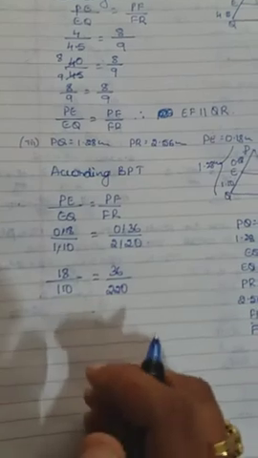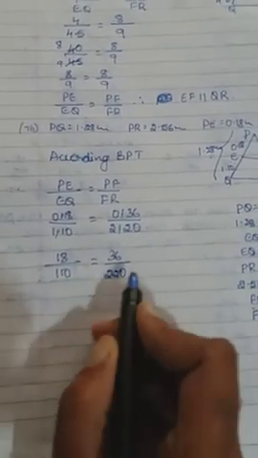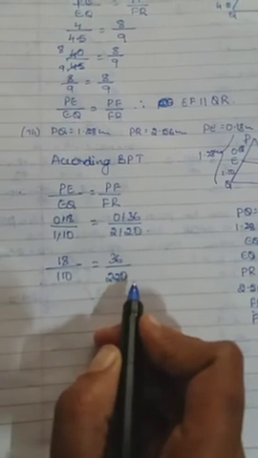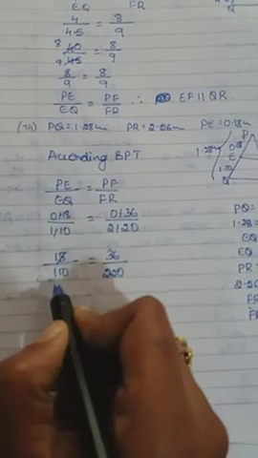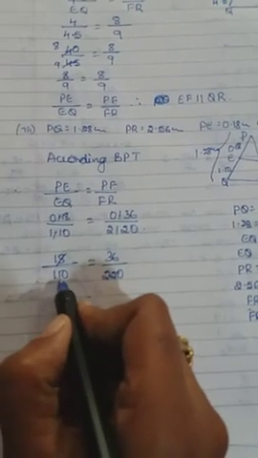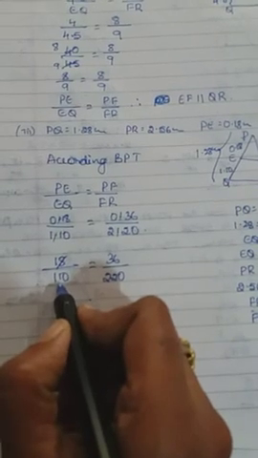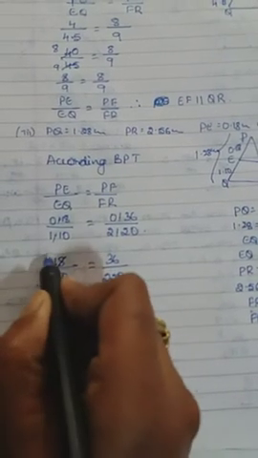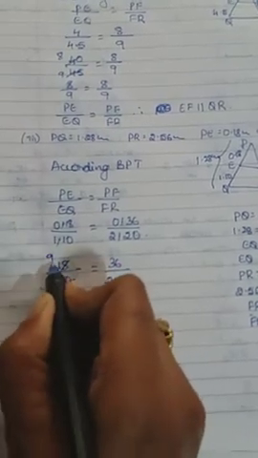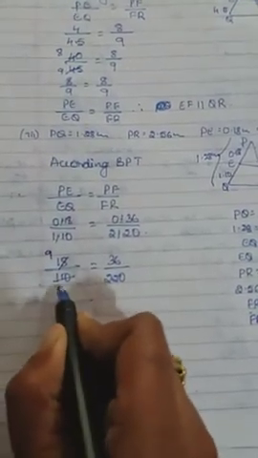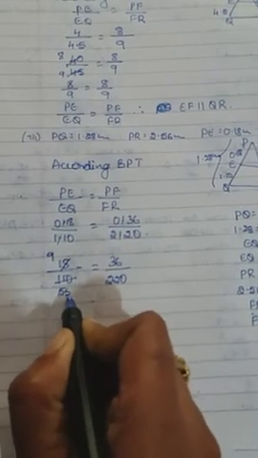So 18 divided by 110 equals 36 divided by 220. Dividing: 2 nines are 18, 2 fives are 10, so 110 divided by 2 gives 55.